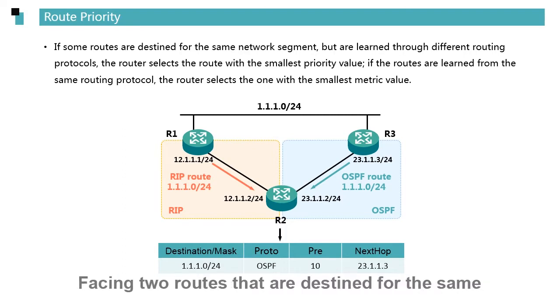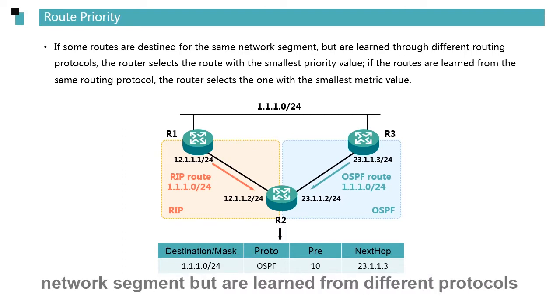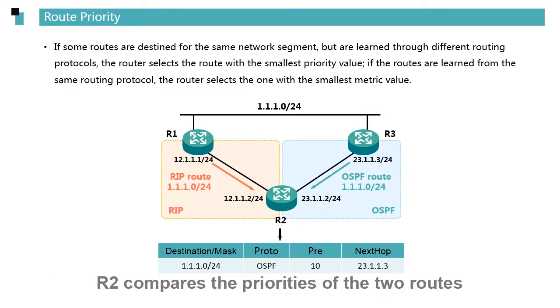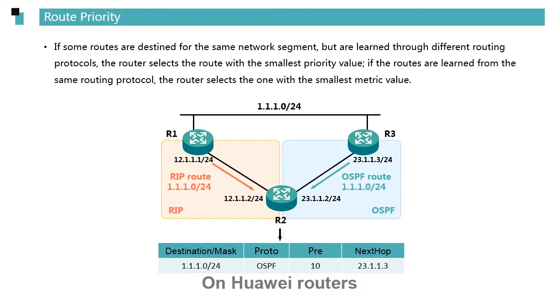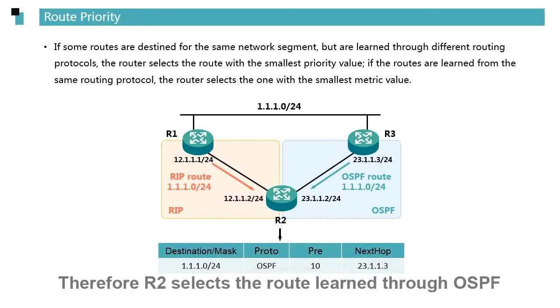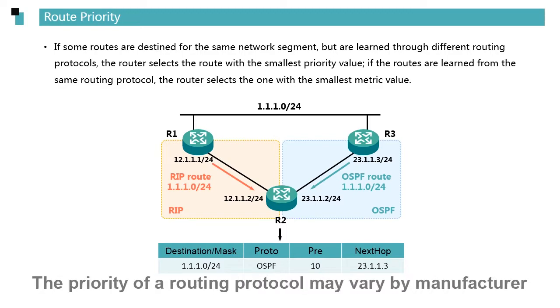R2 faces two routes that are destined for the same network segment but are learned from different protocols. R2 compares the priorities of the two routes. On Huawei routers, the priority of RIP is 100, and the priority of OSPF is 10. Note that the smaller the priority value, the higher the priority. Therefore, R2 selects the route learned through OSPF.